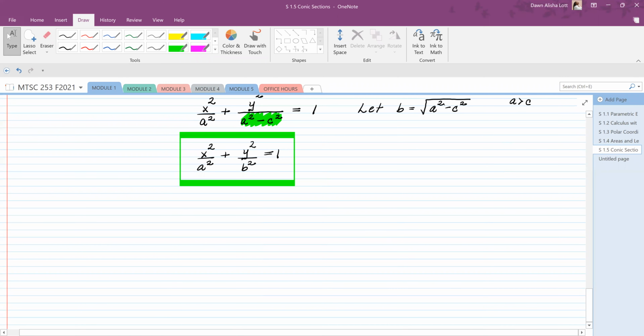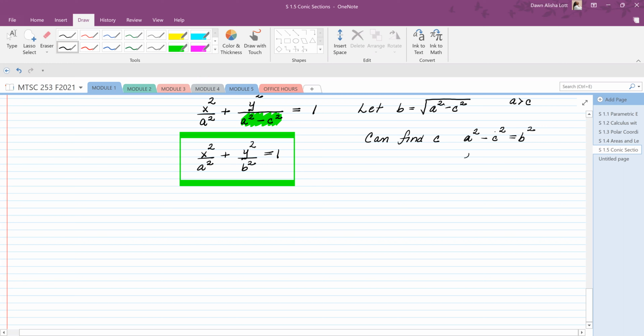A can't be equal to C; A is always bigger than C. Okay, so you can always find C then by saying that A squared minus C squared is equal to B squared.